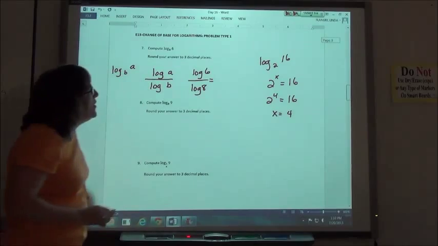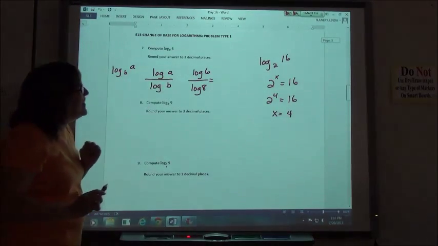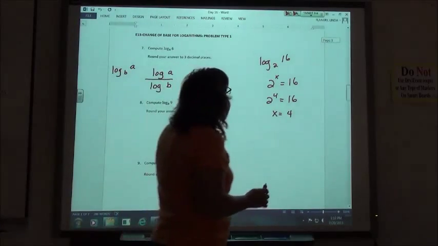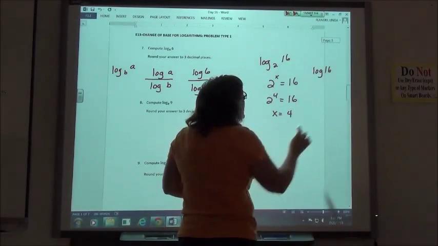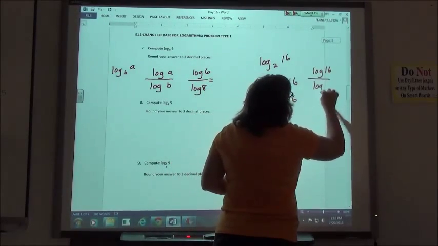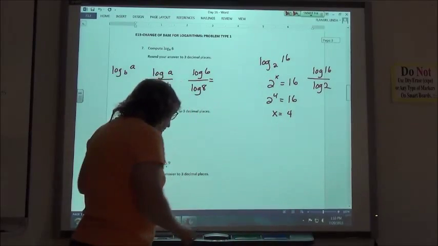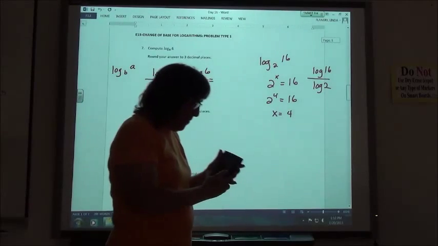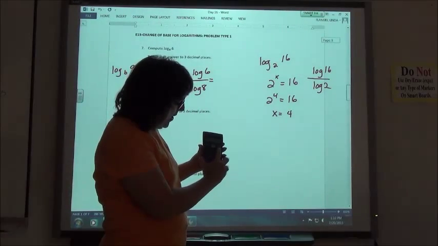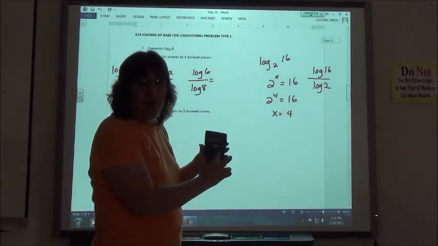Before we do this one, let's do it with this one that we knew what the answer was. If I use my formula, I'm going to take the log of 16, that outside number, divided by the log of the base, which is base 2. So I'm going to grab my calculator, find my logarithm button. On the Casio, it's right here in that second column, the third one down.